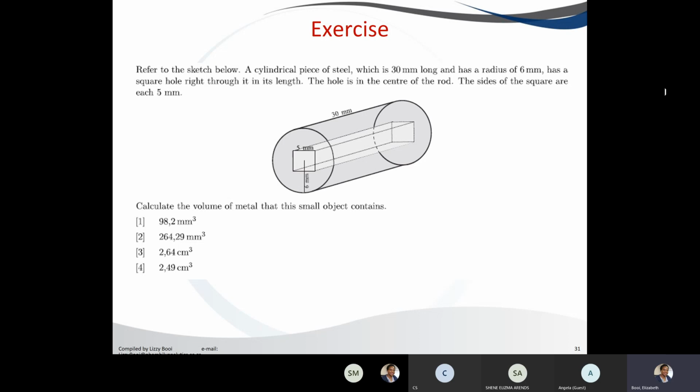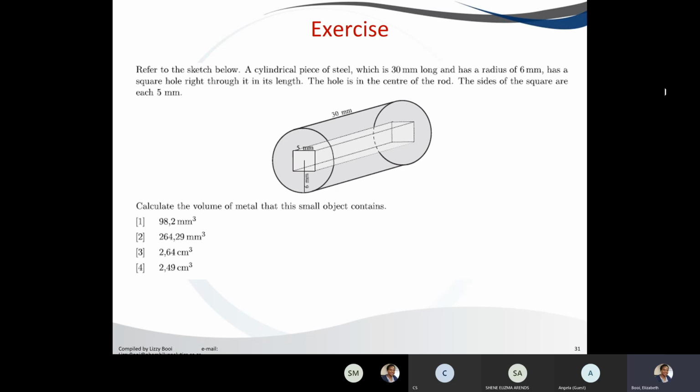The hole in the center of the rod, that is a hole, the shaded white area there. The sides of the square are 5 millimeter each. So we know what the width is.